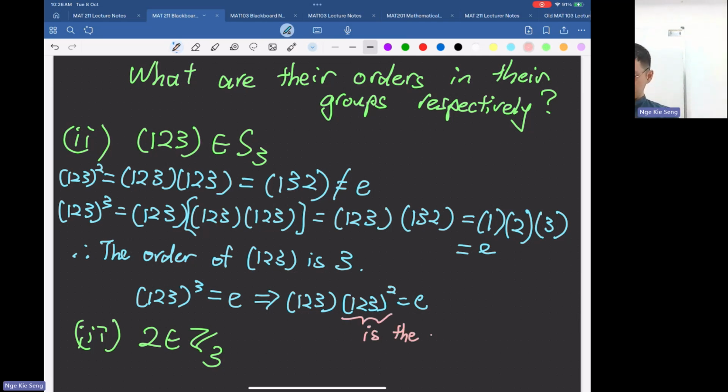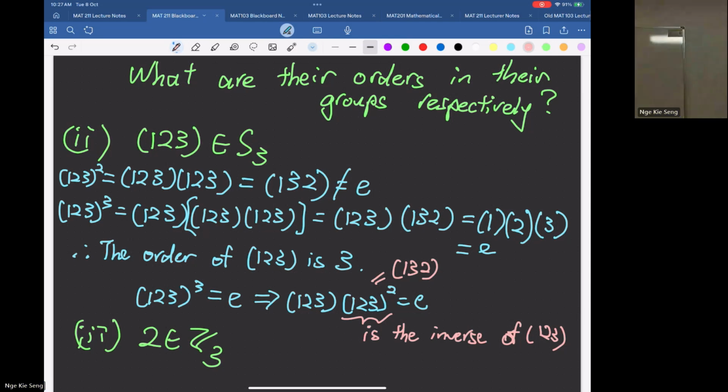But what's this (1 2 3) to the power 2? It is just (1 3 2). So from this equation, you can find the inverse of your element x.